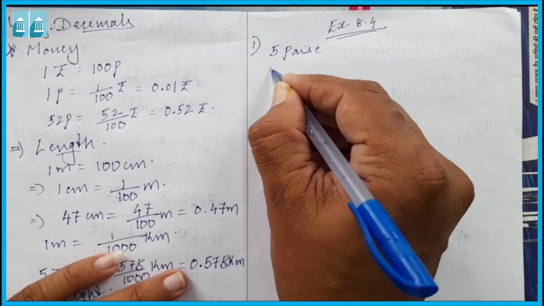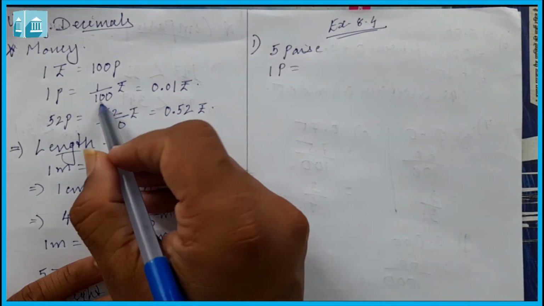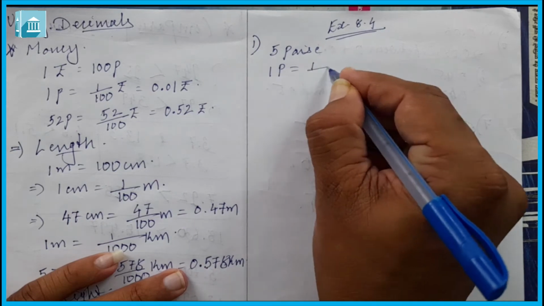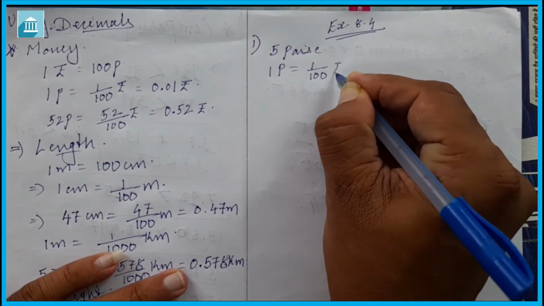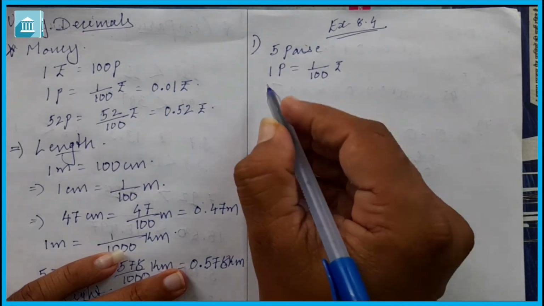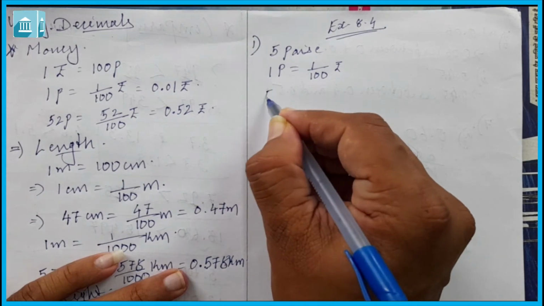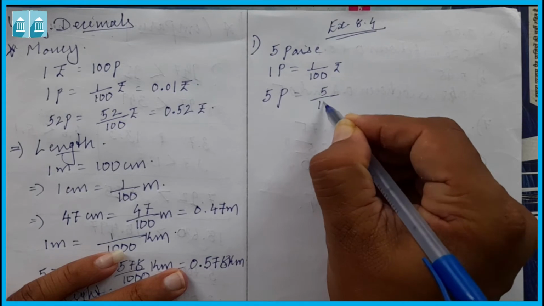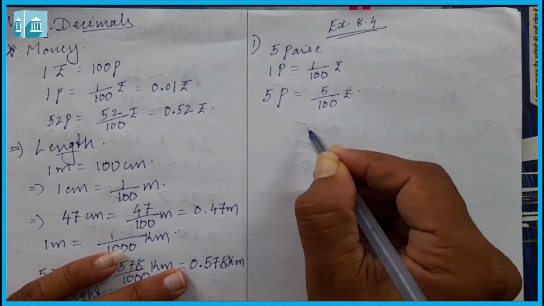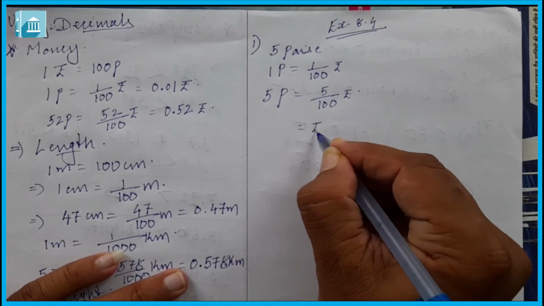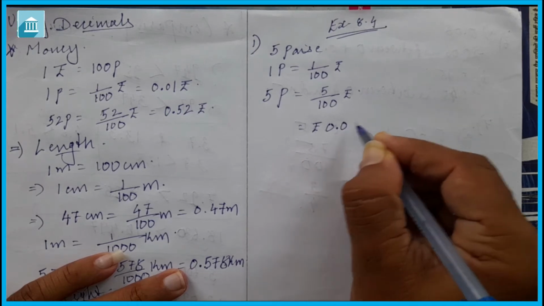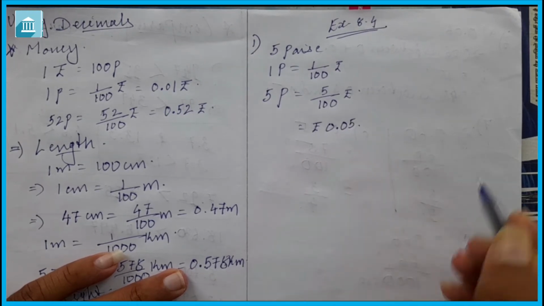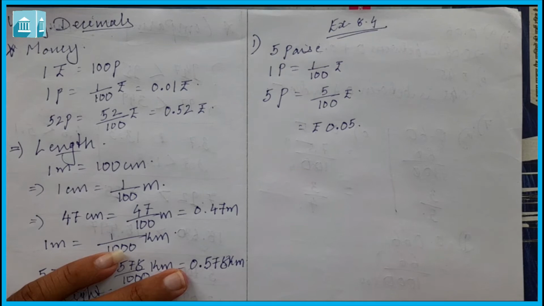So we know that 1 paise is equal to 1 upon 100 rupees. So 5 paise is equal to 5 upon 100 rupees, which is equal to rupees 0.05.